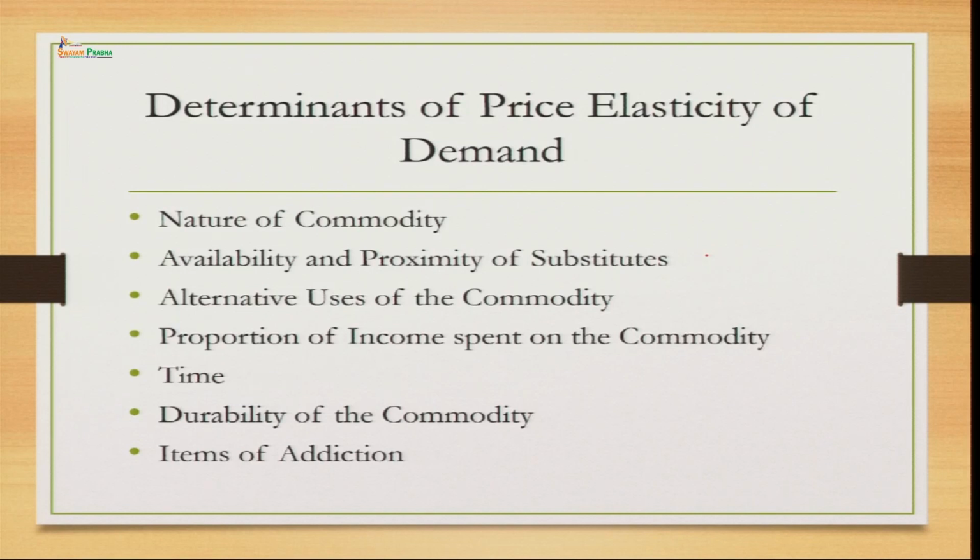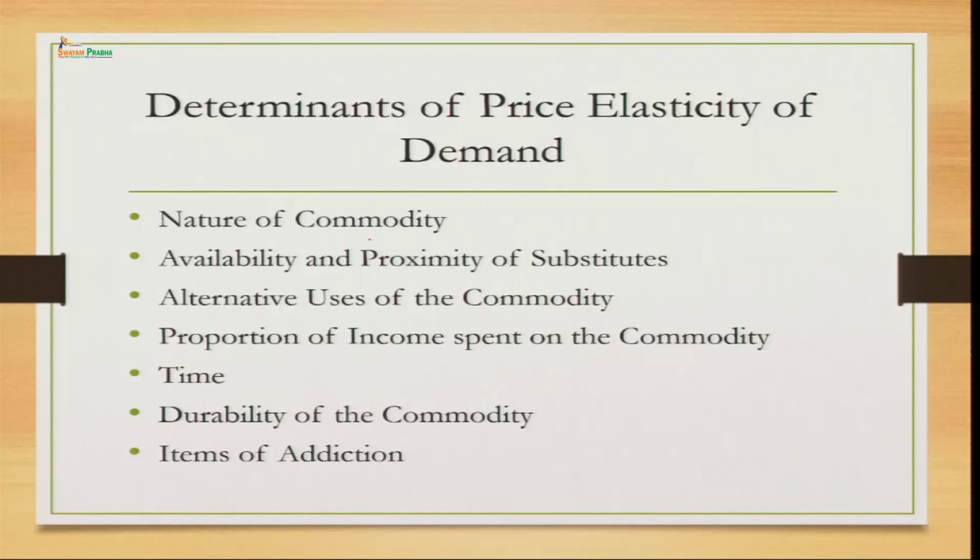What are the factors which affect the price elasticity of demand, and how are different commodities differently associated with it? So, the very first point is the nature of the commodity. Nature of commodity has a considerable impact on the elasticity, whether the product is a luxurious good or a necessary good.